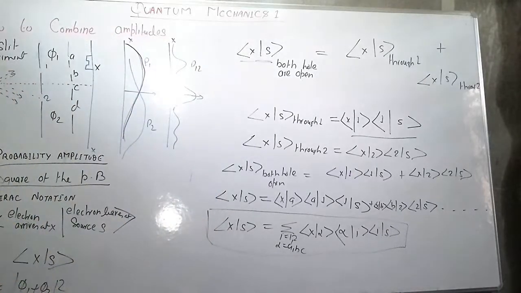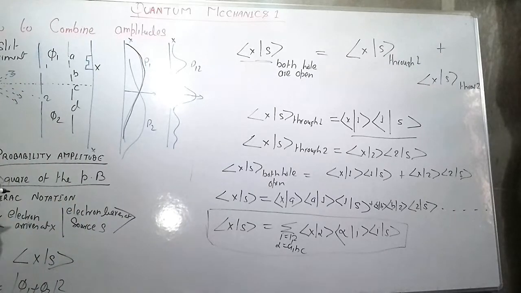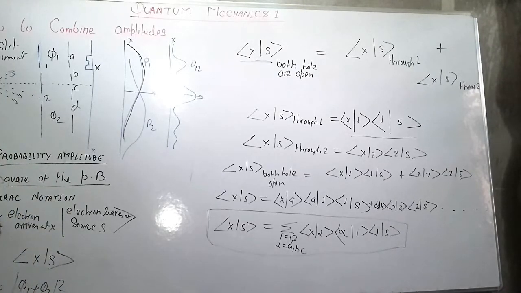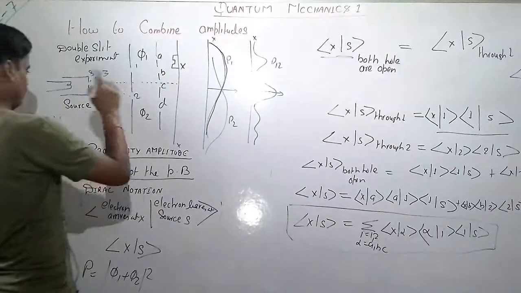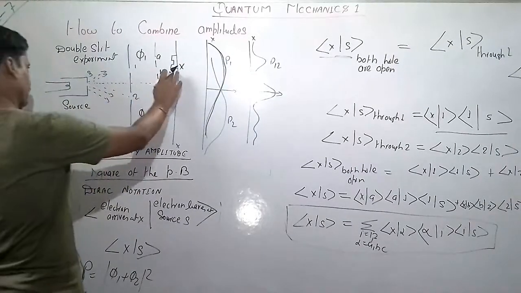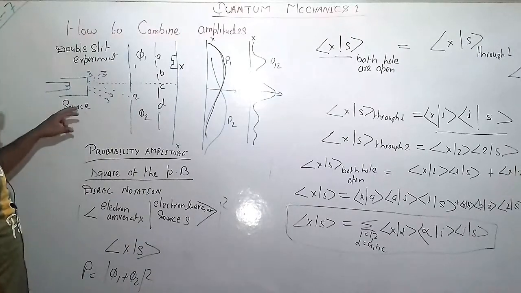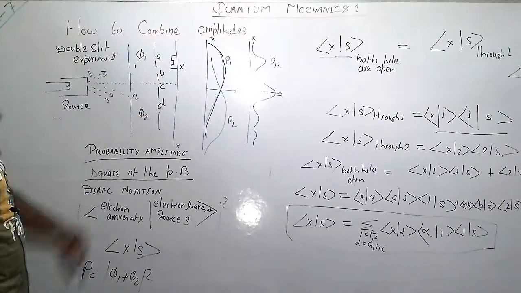So this is how we can combine amplitudes using the superposition principle. And remember, the probability of finding a particle at location X is the square of the probability amplitude, and the total probability will be the square of the sum of all these amplitudes.